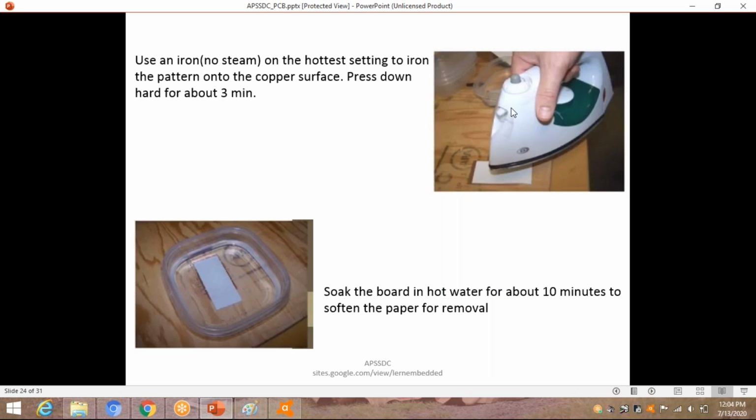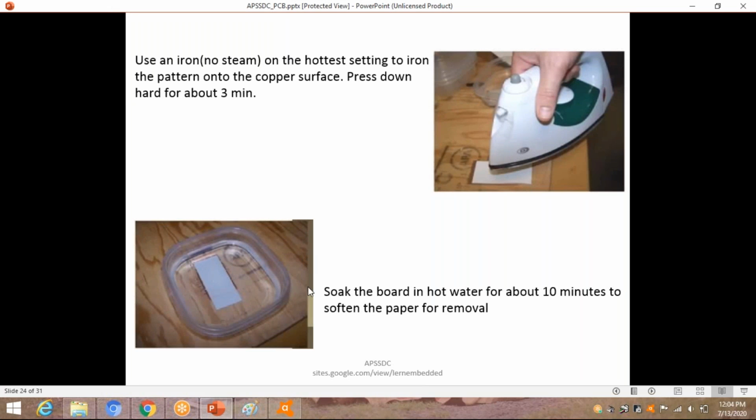Okay, you need to iron it for 3 to 5 minutes. Here it is mentioned only 3 minutes, but for proper printing we need to iron it for 3 to 5 minutes.